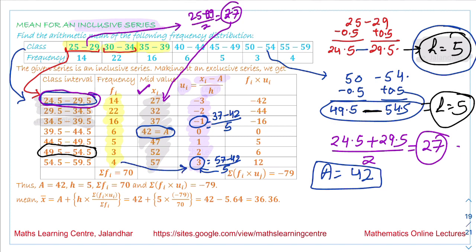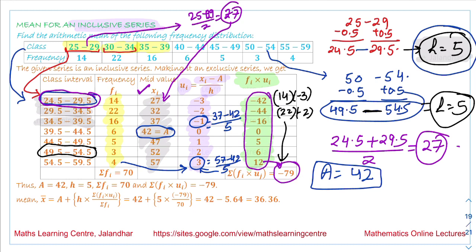Next step is to calculate the value of fi into ui. So fi into ui is 14 into minus 3, next 22 into minus 2. Like this we have calculated the value of fi into ui. Next we calculate the sum of all these values, and the answer we obtain is minus 79.